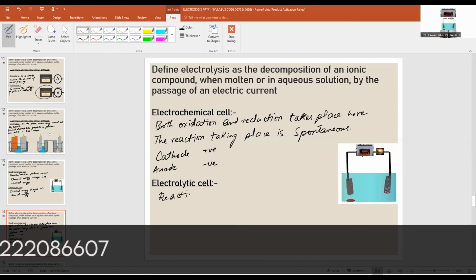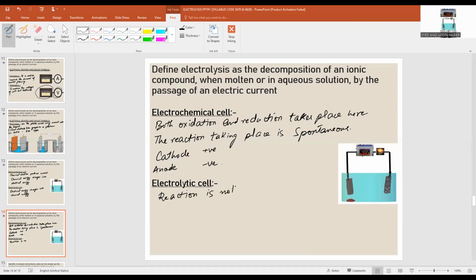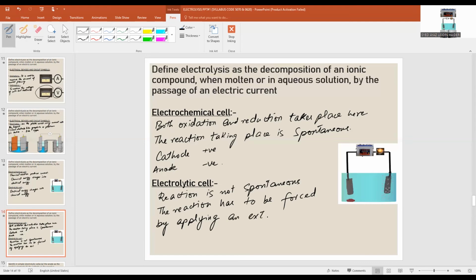In the case of an electrolytic cell, the reaction is not spontaneous. That is, the reaction has to be forced by applying an external electrical current.